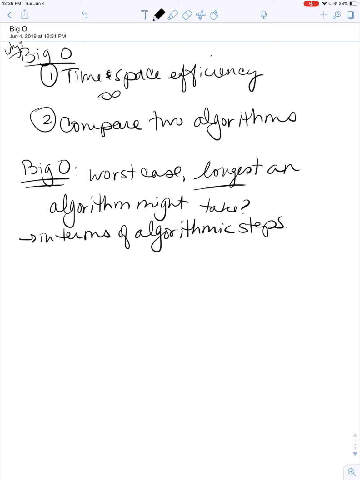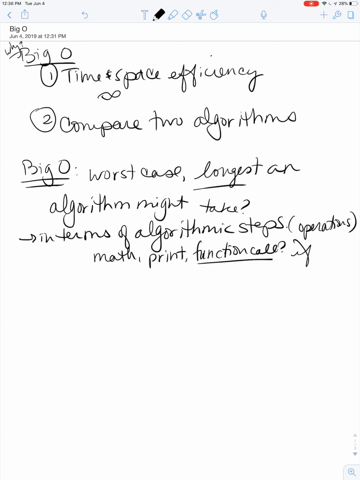Right? And so these are operations. So we don't really care if we're adding two numbers or multiplying two numbers. Algorithmic steps include math, arithmetic, printing, but not function calls, which are dangerous because we don't know what goes into them.